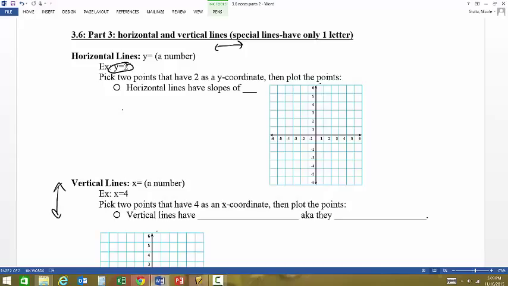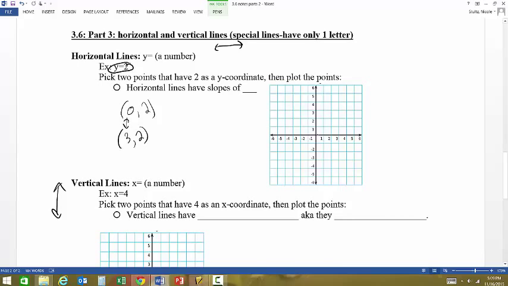And if there's no y, it's going to be a vertical. But instead of you having to memorize this, since it says y equals 2, that means every y coordinate is 2. So just make up 2 coordinates. Maybe you want to do 0, 2, and 3, 2. So you can change your x's, no problem, but your y has to say 2.